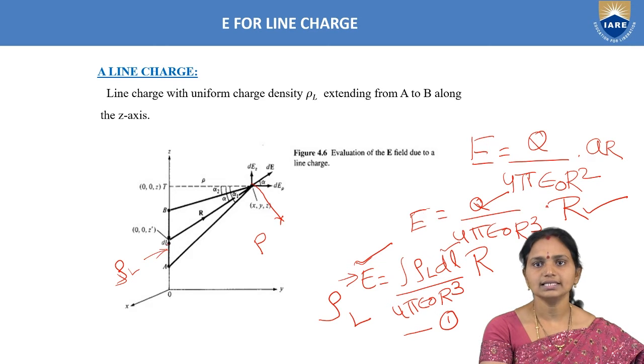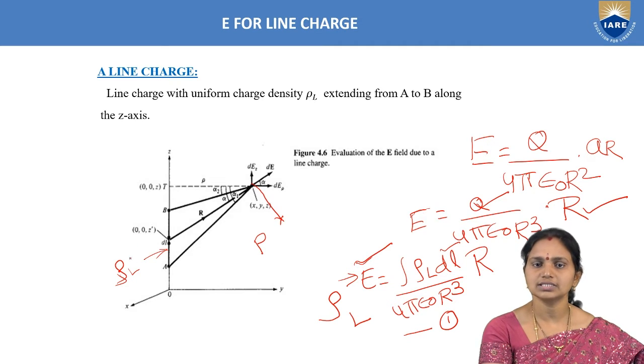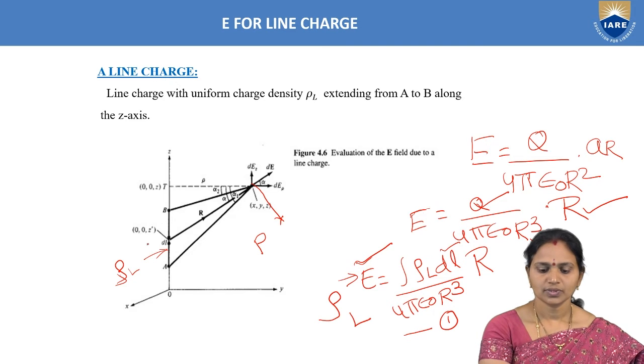Here, as this line charge is on the Z axis, the point corresponding to this finite displacement dl is 0, 0, z dash, because the point is on the Z axis, so only the Z coordinate variable will exist. So the point here is 0, 0, z dash.